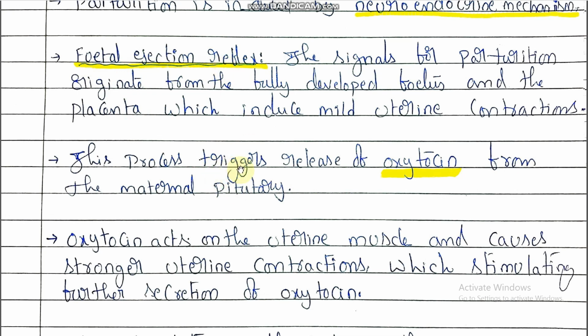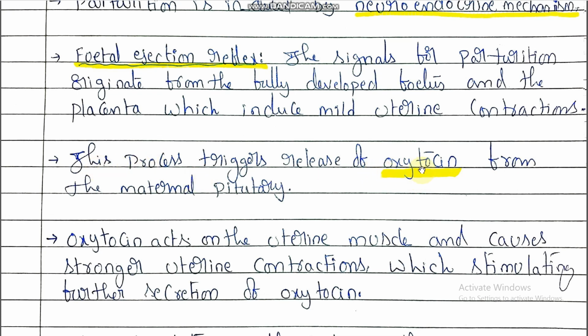It triggers the release of oxytocin from the maternal pituitary. The mother's pituitary gland, we discussed earlier the structure of the pituitary gland and pituitary hormones. Oxytocin is one of the hormones released from the pituitary, and the pituitary gland releases oxytocin for the purpose of parturition.